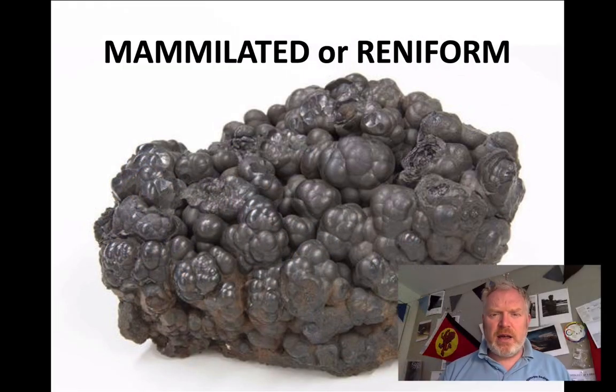This is quite an unusual one. This is what we call a mammillated or reniform shape. And what we see here, these sort of round, they almost look like bubbles on the mineral surface. But those are actually solid mineral. A mineral called hematite on our list is one that forms this type of distinctive habit.